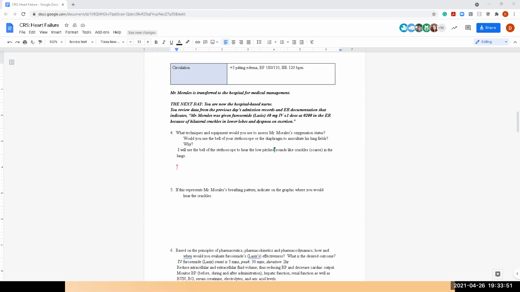So that lower pitch would be the diaphragm, no, the bell. Okay. I'm getting myself confused now, you guys. Okay, so we said we're going to use the bell because we're assuming these are going to be lower pitched. Is that what you're saying?